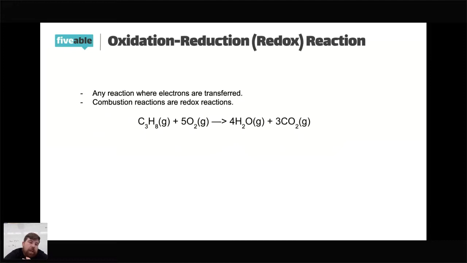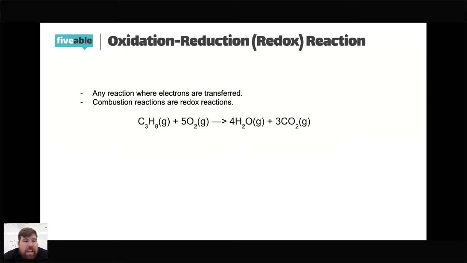Now, I do want to remind everyone that combustion reactions also produce a ton of heat in the form of light and flames.